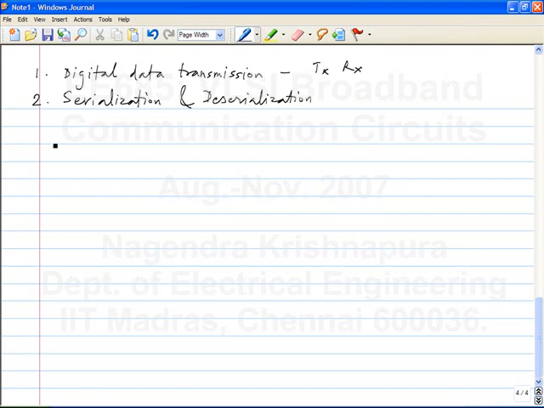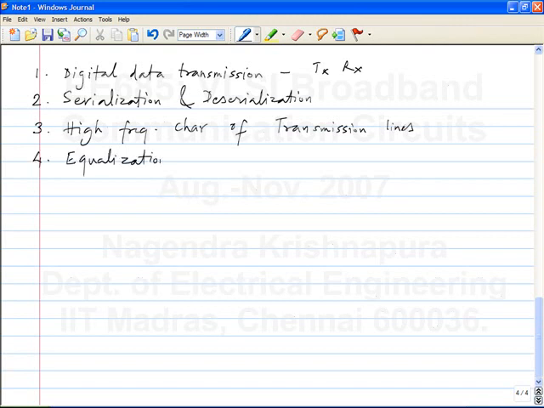We look at serialization and deserialization. Basically, you have a parallel set of data, you serialize it onto a higher rate, or you go the other way around. So then we can look at high frequency characteristics of transmission lines. In general, the kind of impairments that you get at high frequencies. Then we look at equalization techniques.